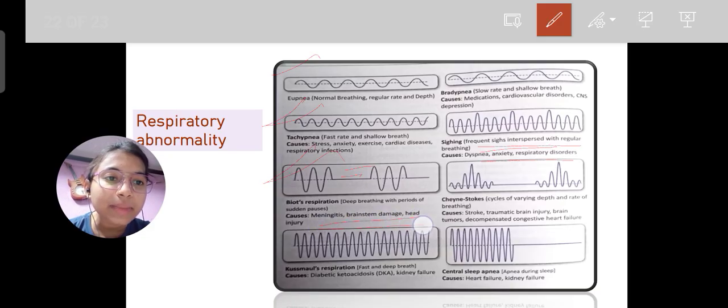In meningitis and brainstem damage we see Biot's respiration. Then the Cheyne-Stokes respiration. Kussmaul breathing, that is abnormal but regular, deep breathing, in diabetic ketoacidosis. And central sleep apnea, which we see in heart failure and kidney failure.